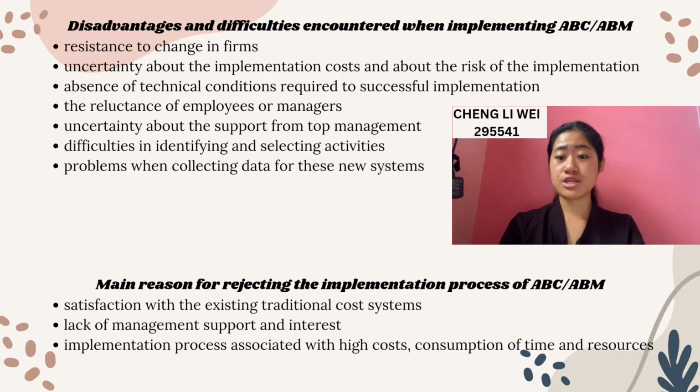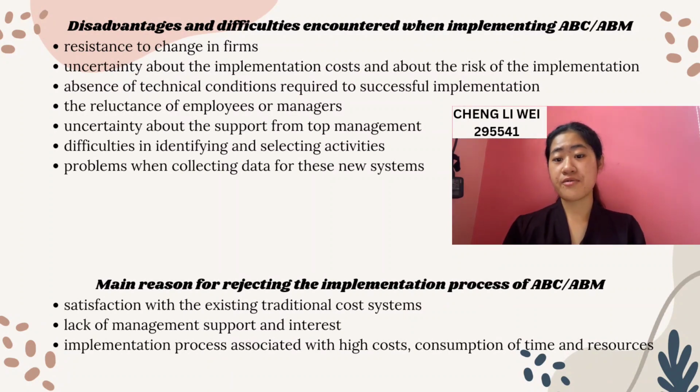However, the implementation process also has disadvantages and faces difficulties such as resistance to change in firms, uncertainty about implementation costs and about the risk of the implementation, absence of technical conditions required for successful implementation, the reluctance of employees and managers, uncertainty about the support from top management, difficulties in identifying and selecting activities, and problems when collecting data from this new system.